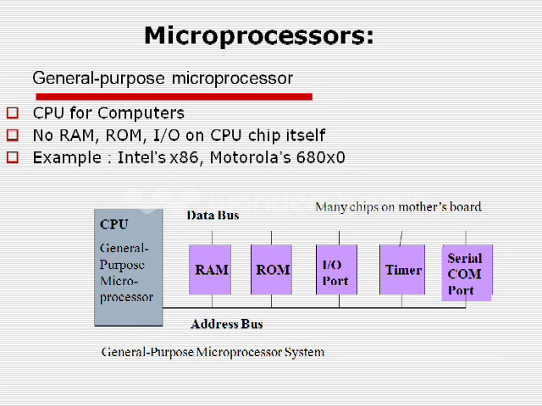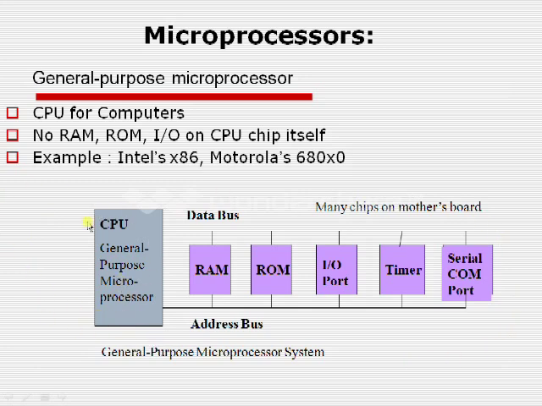So if I want to make a processor into a computer, then I have to connect RAM, ROM, input output ports, timer, serial communication port, and many other peripherals that should be connected to this CPU. Then this complete block will become a complete computer.